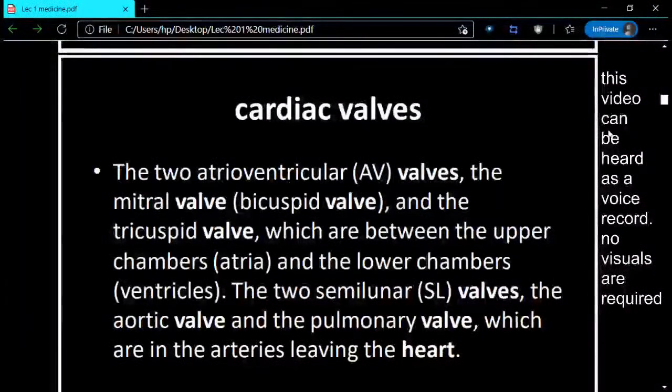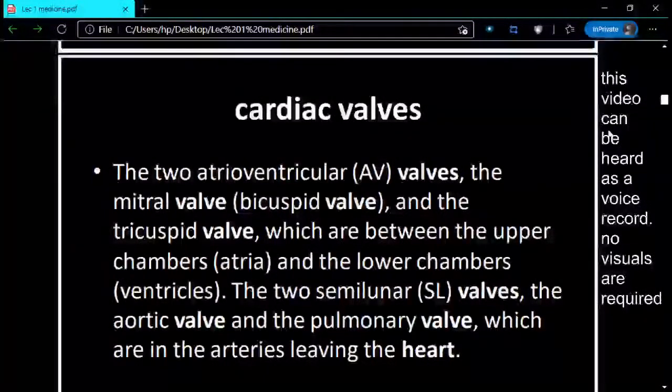We can see the 2 atrioventricular valves, which are the mitral valve and the tricuspid valve.